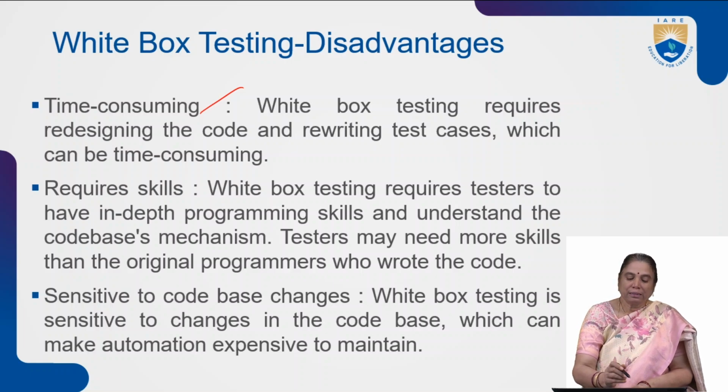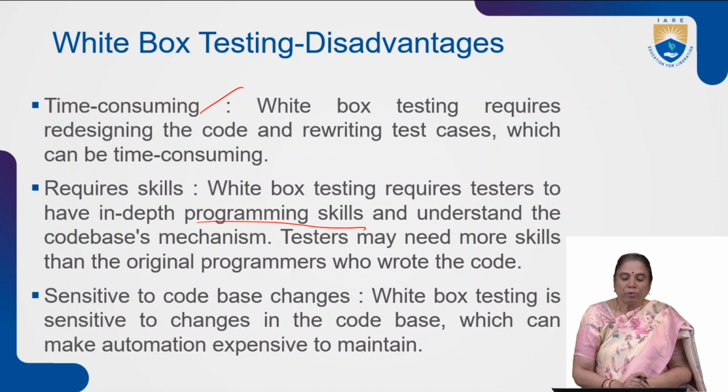In-depth programming skills and logical skills are required to design the test cases. It is also sensitive to code-based changes. White box testing is sensitive to changes in the code base, which can make automation expensive to maintain. So regression testing tools are used to mitigate these types of disadvantages.